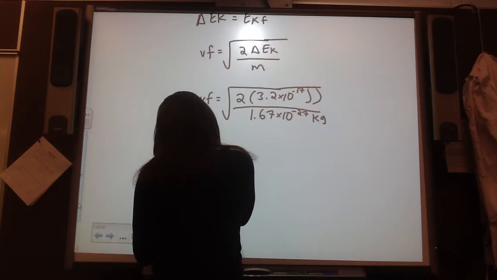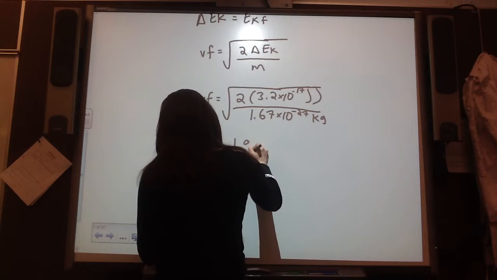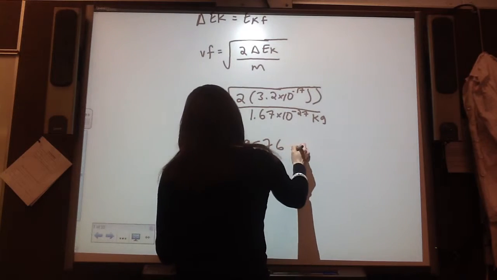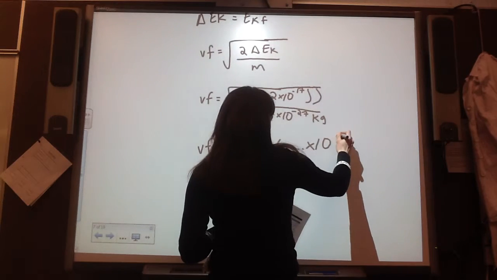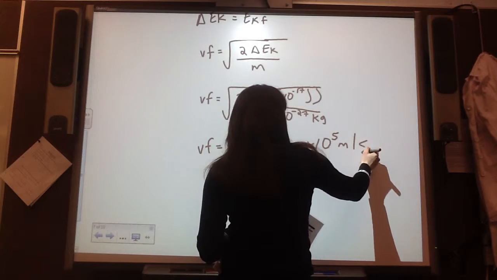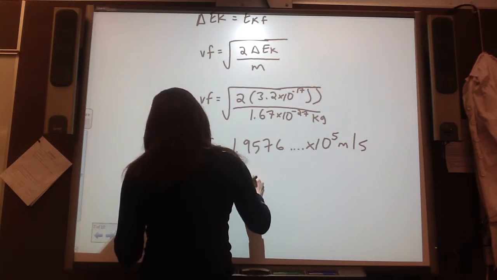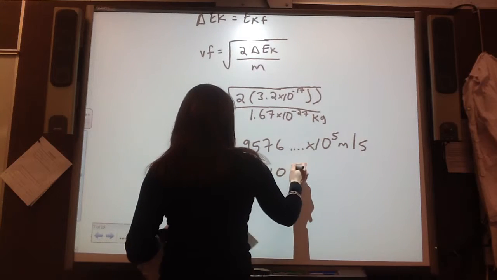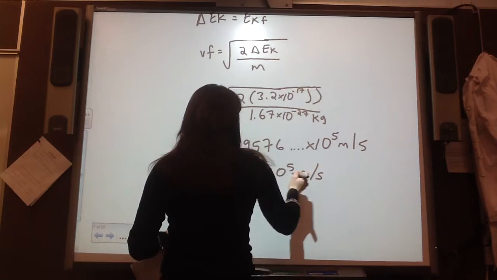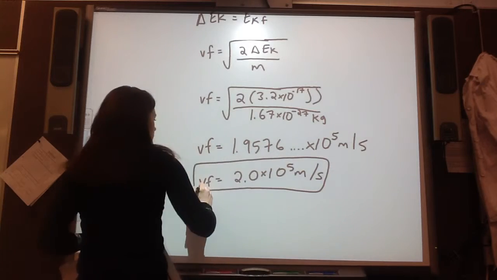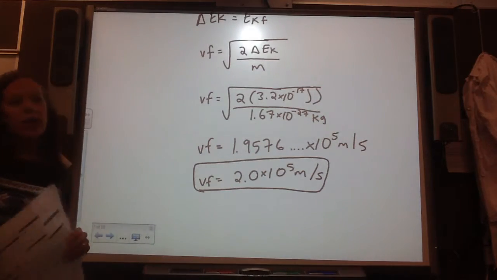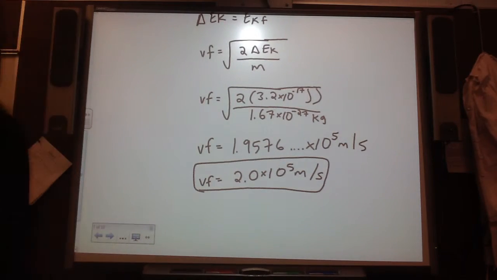When you put this in your calculator, you should get 1.9576, etc., times 10 to the power of 5 meters per second. So to sig digs, 2.0 times 10 to the 5 meters per second. That's the answer to A for this question.